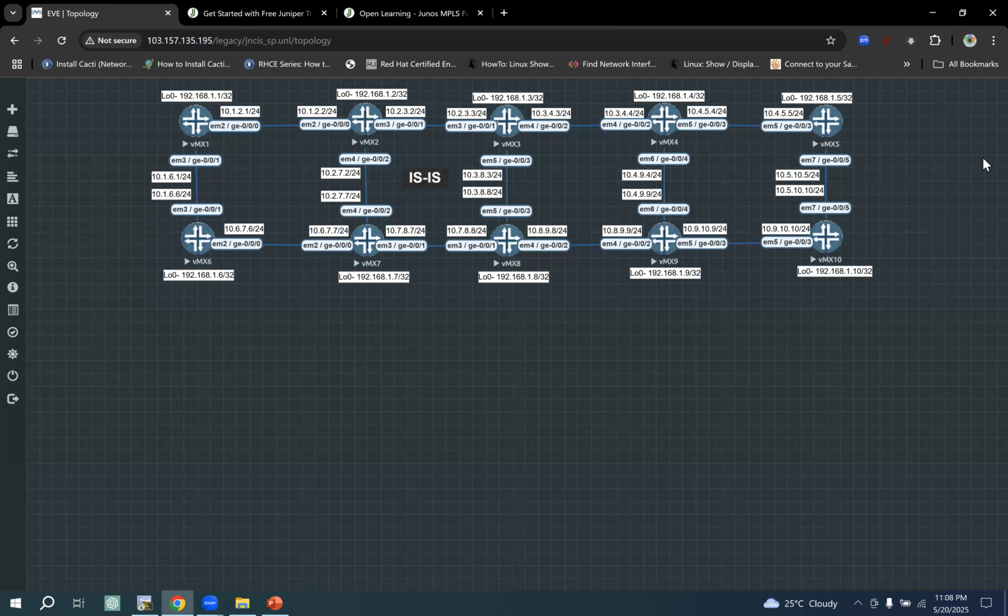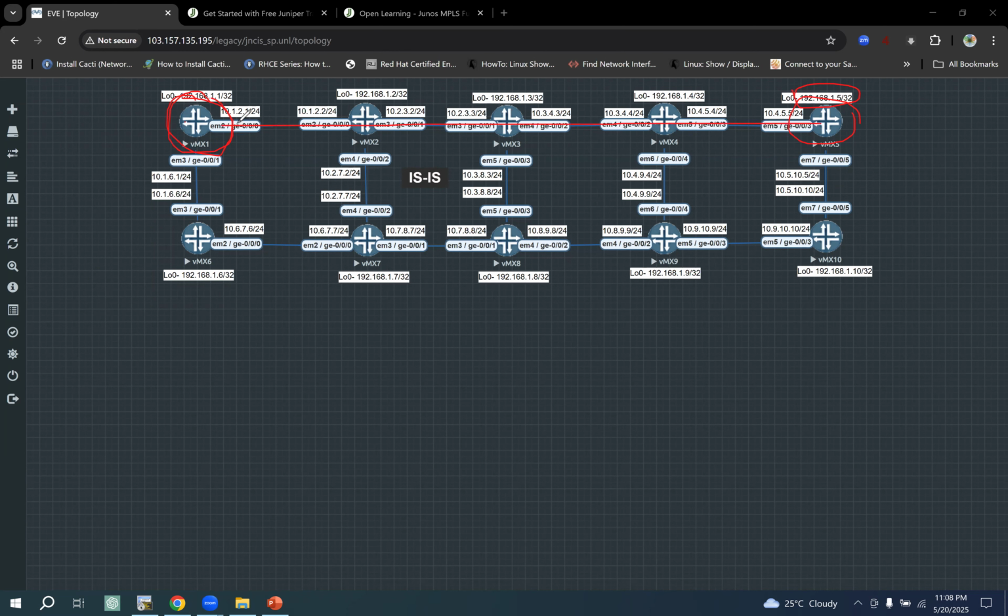Okay, check. See here. This is router 1 and this is router 5. I'm getting this route, the router 5 loopback, 192.168.1.5, from router 1. So this is the shortest path.